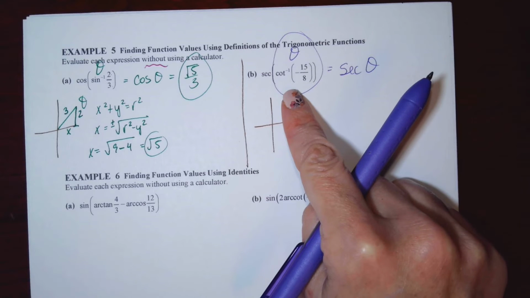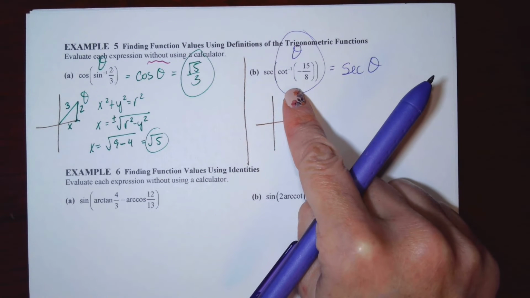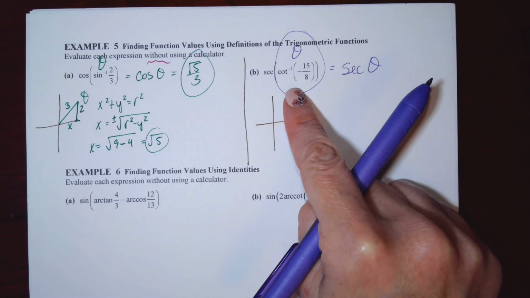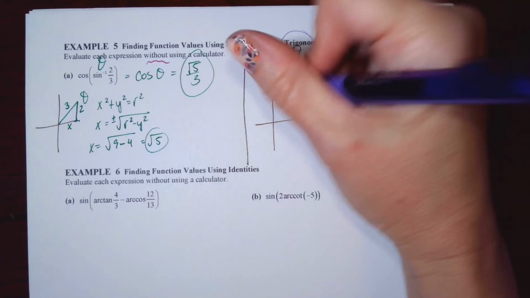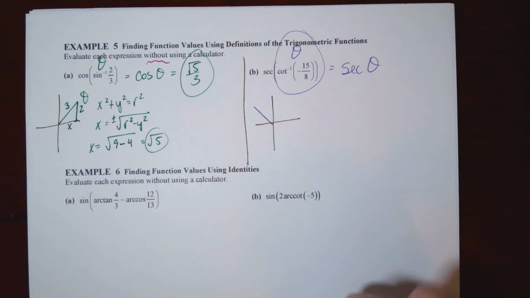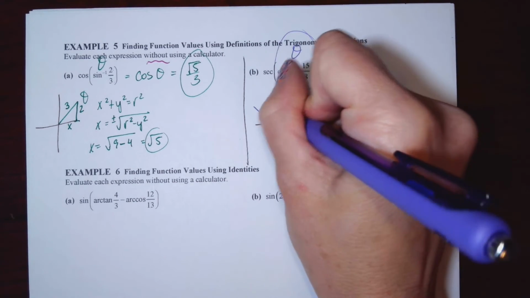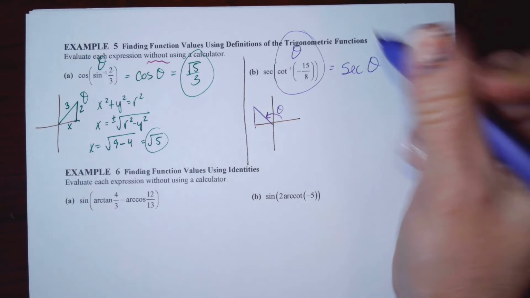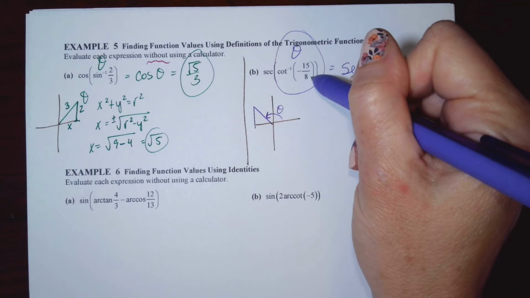Well, cotangent inverse is negative where? Cotangent is restricted along with cosine, so it's negative over here in quadrant 2. So this is my angle theta. I've got a negative 15/8.